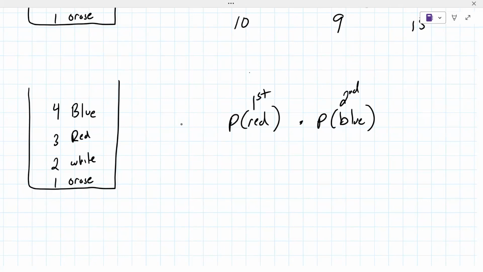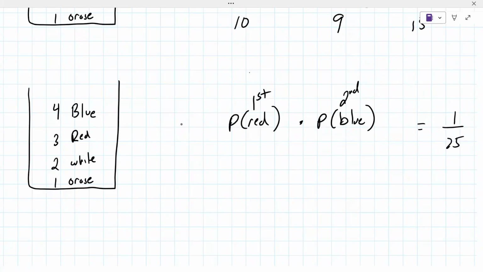So you got it. 2 over 15 times 2 over 5. That would be 4 over 75. So you have a 1 in 25% chance.